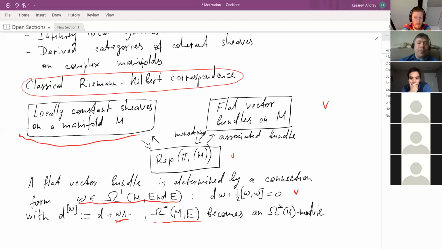Okay. So the lesson that we're going to learn from this is that a flat vector bundle gives rise to a differential graded module over the de Rham algebra.